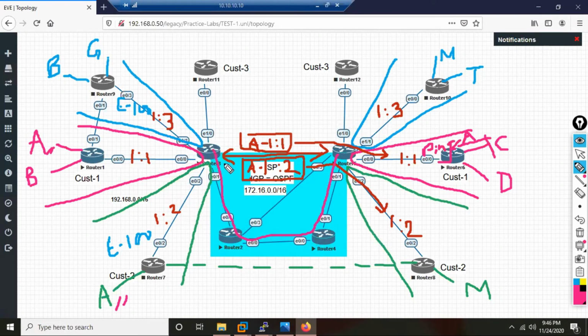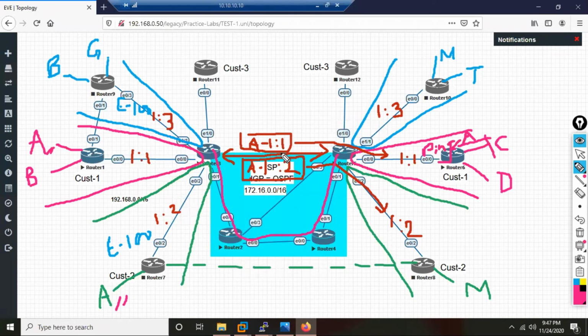Now R3, how will R3 know that this packet for 10.1.1.1 has to be forwarded to R1, or it has to be forwarded to R7? How will it come to know? Because now the packet is not coming with VRF. This RD is only for routes. But what about the traffic?